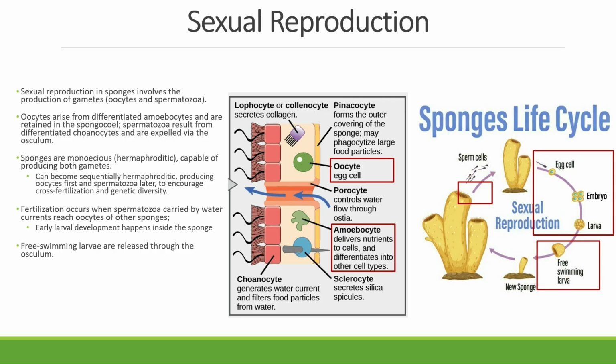Some species even switch the order in which they produce eggs and sperm during the season to encourage fertilization between different individuals and increase genetic diversity. This combination of asexual and sexual reproduction gives sponges great flexibility in how they spread and adapt. And that's going to complete what we want to cover with the simplest multicellular animals, the poriferans.